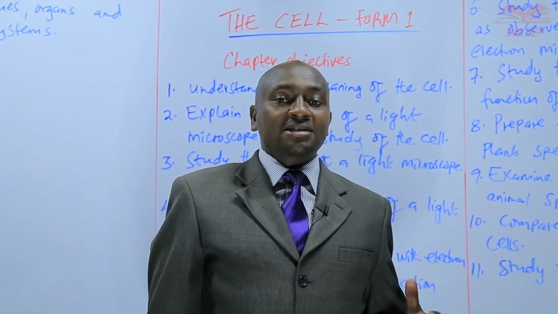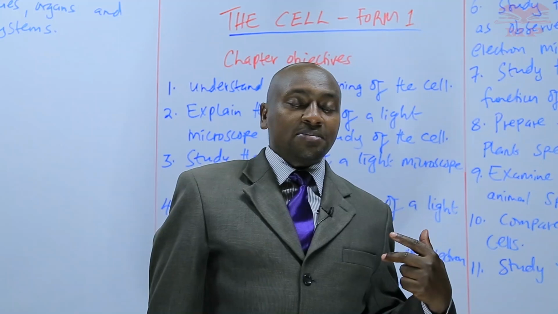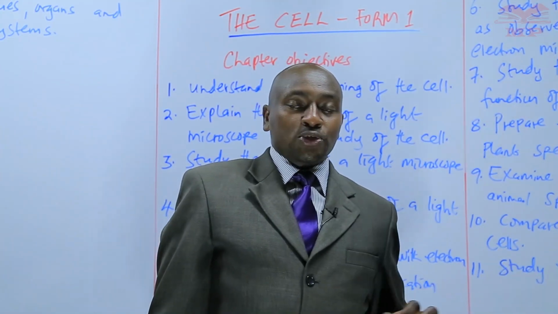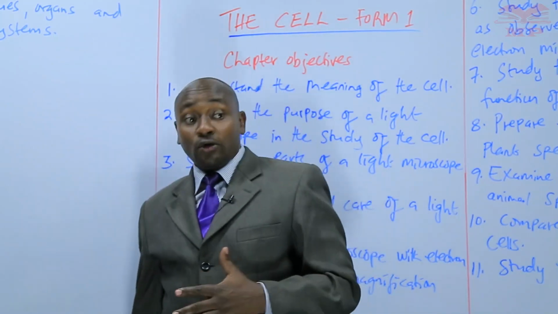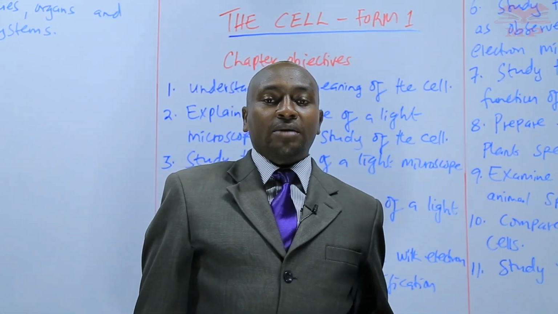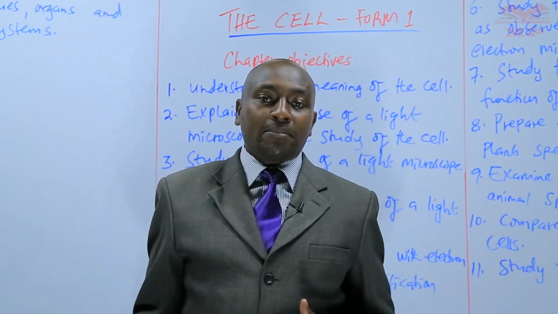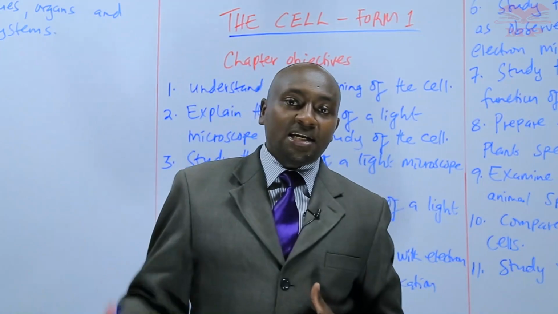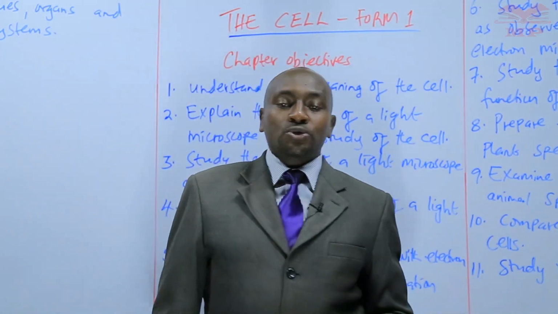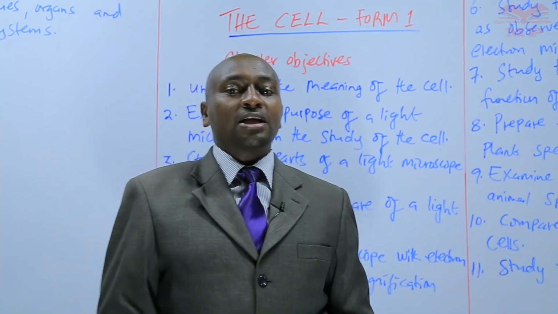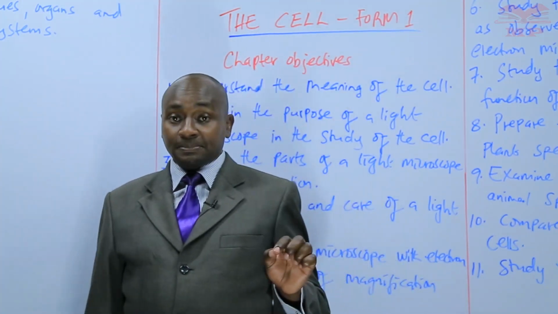We refer to them as unicellular organisms, like bacteria, amoeba, and so on. We have other organisms that have many cells. We refer to them as being multicellular, multiple cells. For example, the common plants and animals, they have many cells. So basically all those organisms, the basic unit is the cell.